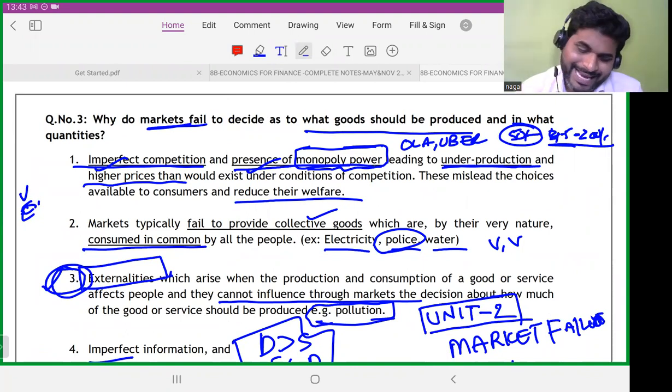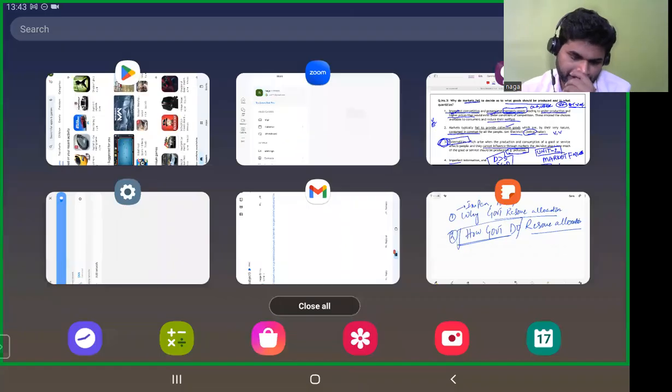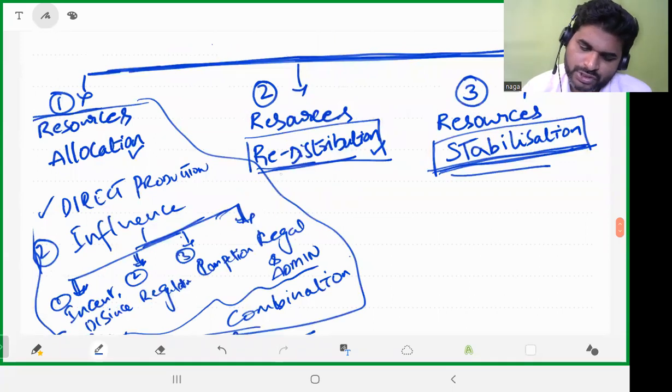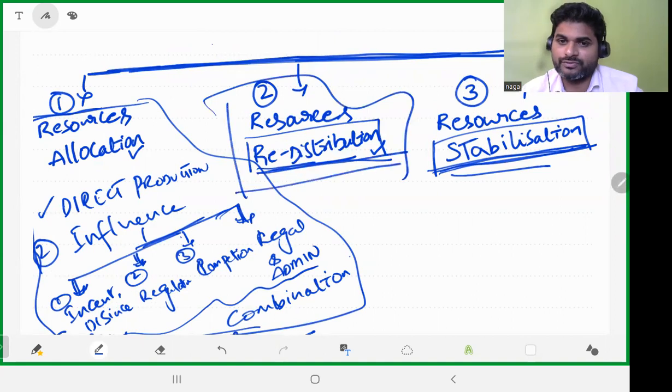All right. Next we have the resource redistribution function, or resource distribution function. What this resource distribution function is, is something that we will study now. How the government does the resource distribution and why the government needs to do it, how and why, we need to understand.